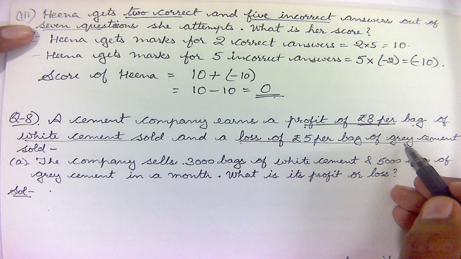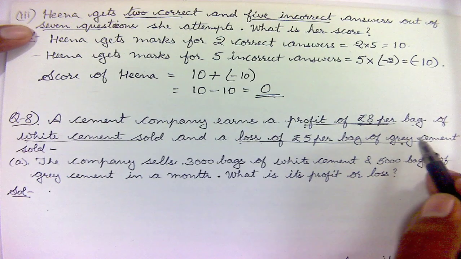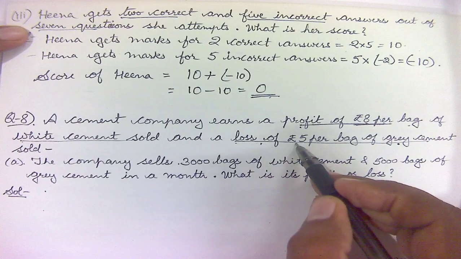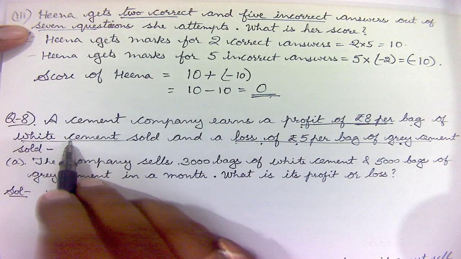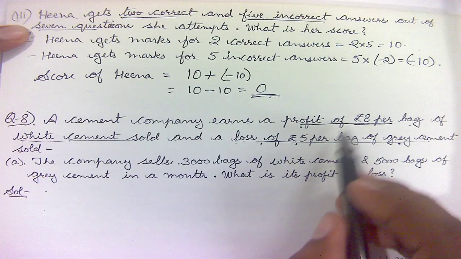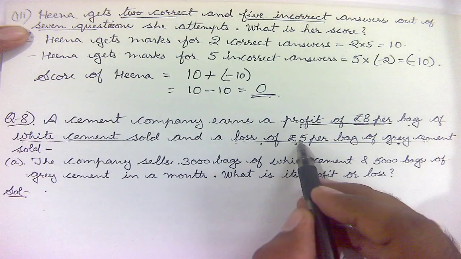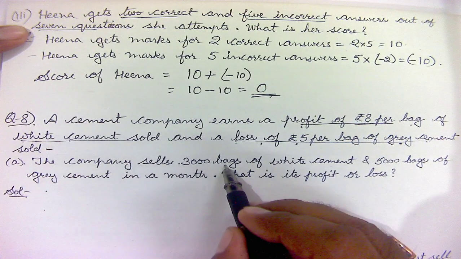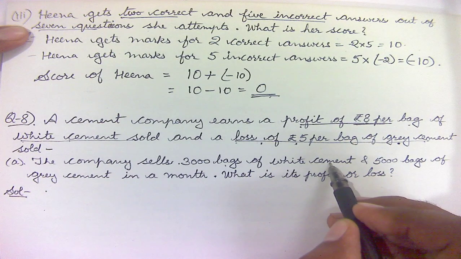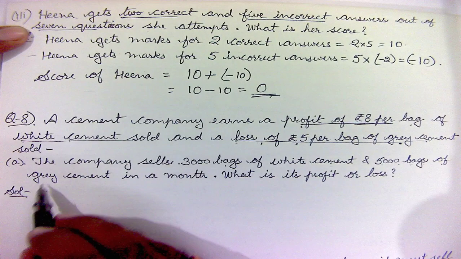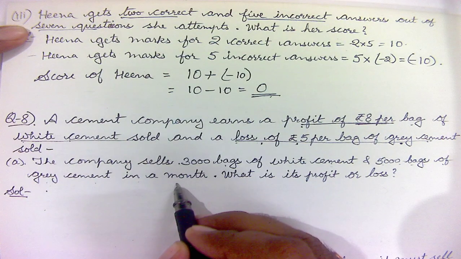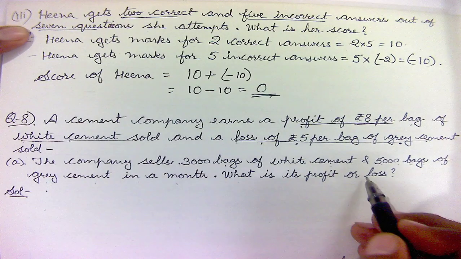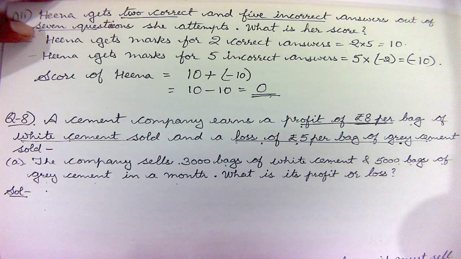If it sells a grey cement bag, then for one bag it gets a loss of 5 rupees. Okay, so white cement bag gives profit of 8 rupees and grey cement bag gives a loss of 5 rupees. Now the company sells 3000 bags of white cement and 5000 bags of grey cement in a month. So what is its profit or loss?